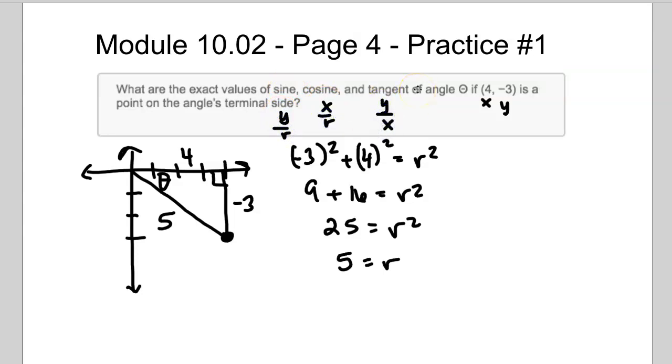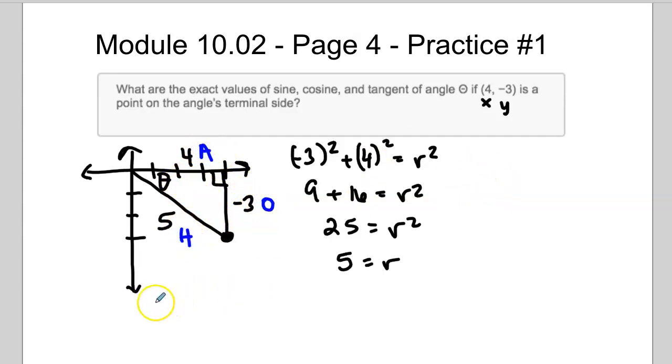Whatever works for you. For this example, I'll use opposite, adjacent, and hypotenuse, just using my trigonometry. So here we go. Opposite of the angle, we have opposite. This would be the adjacent leg, and this is always the hypotenuse.